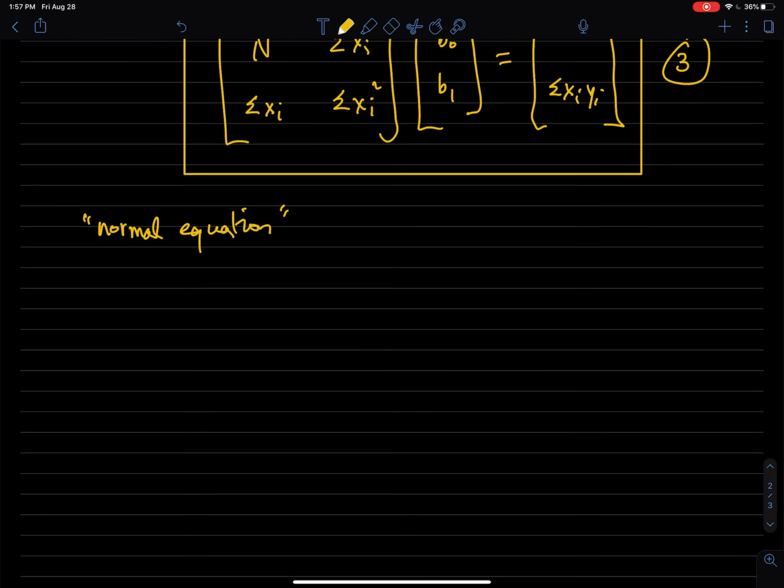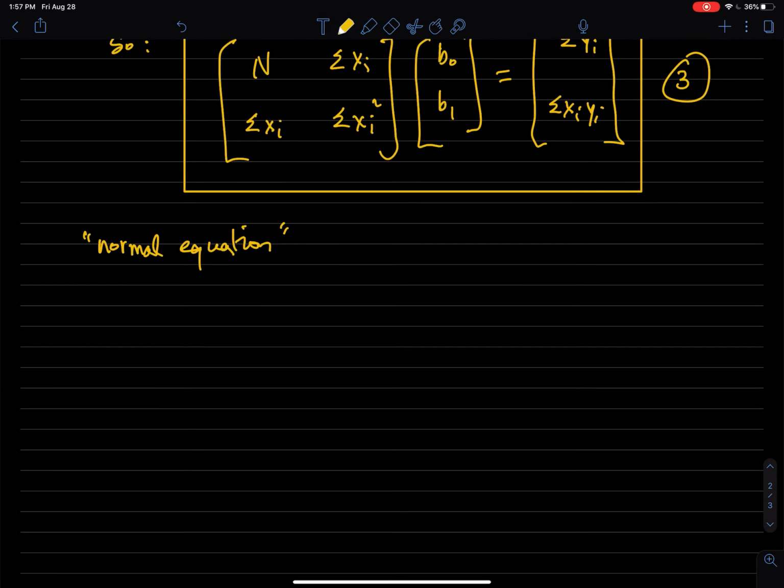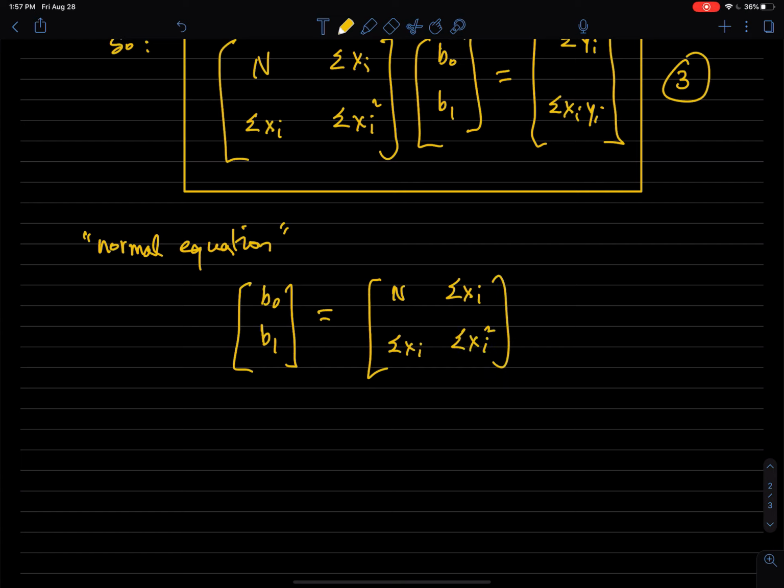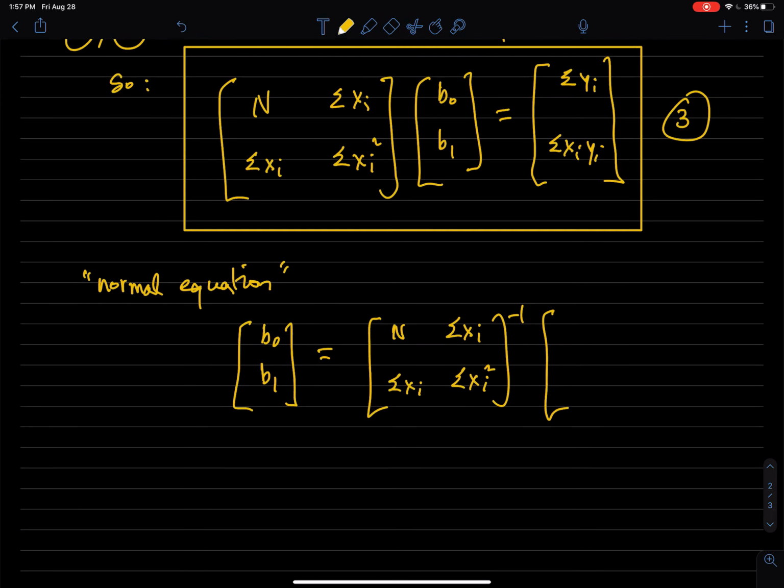And if you want to solve it numerically, of course, you can do it in the following manner. You can just take the matrix with summation xi, summation xi, summation xi square, inverse, times summation yi.